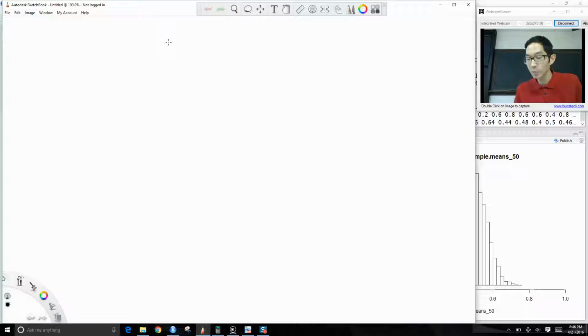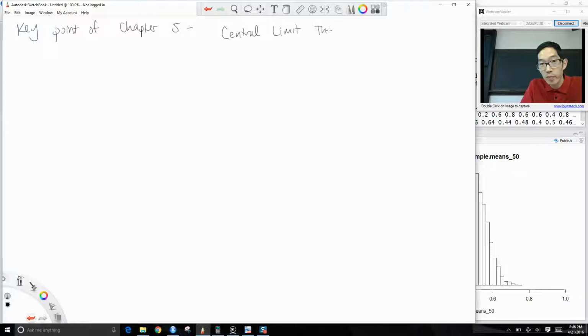I guess the key point of chapter 5 is the central limit theorem. No matter what the population looks like, we know that the distribution of y bar follows a normal distribution centered at mu.